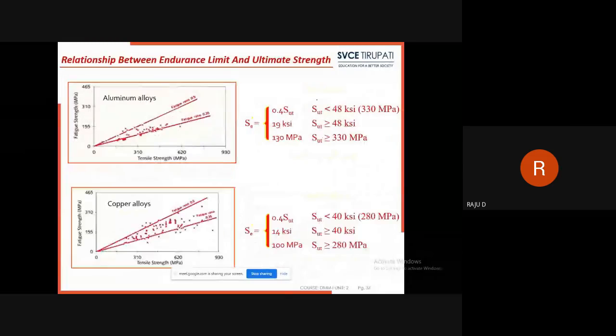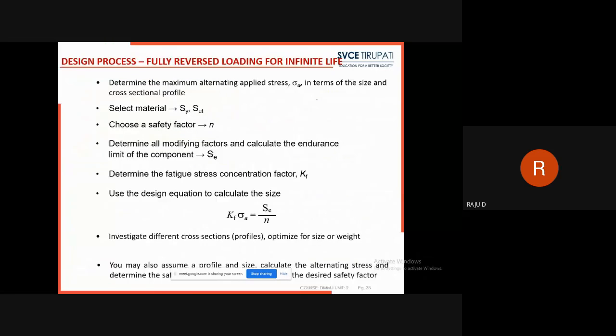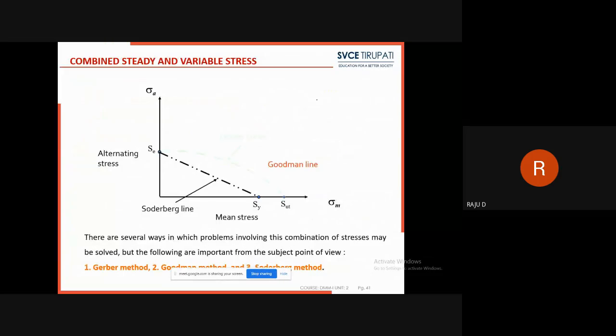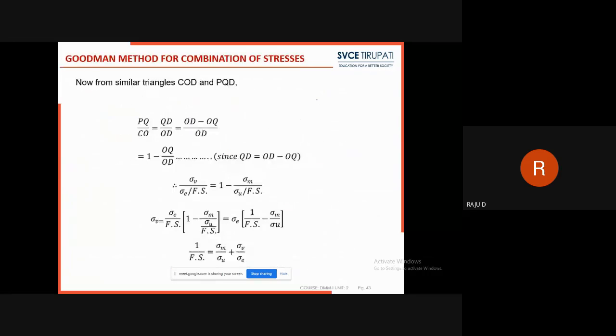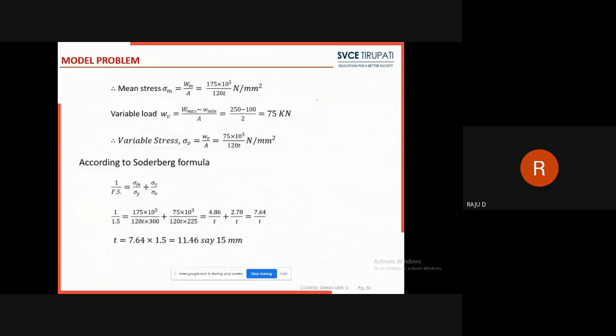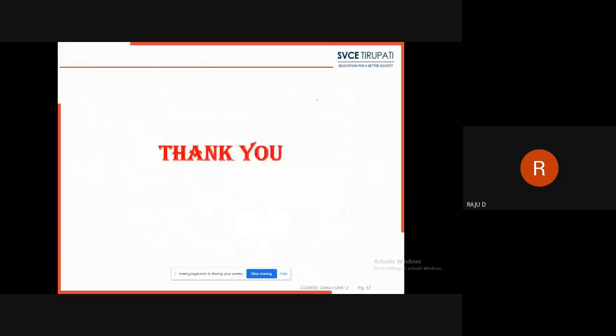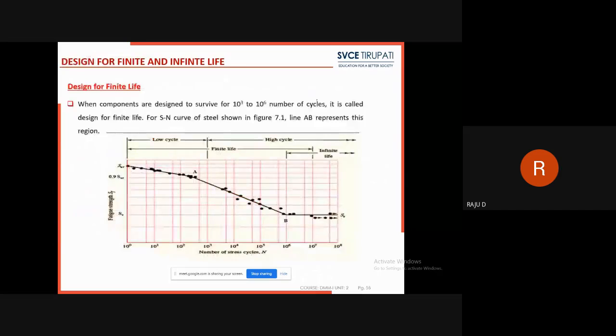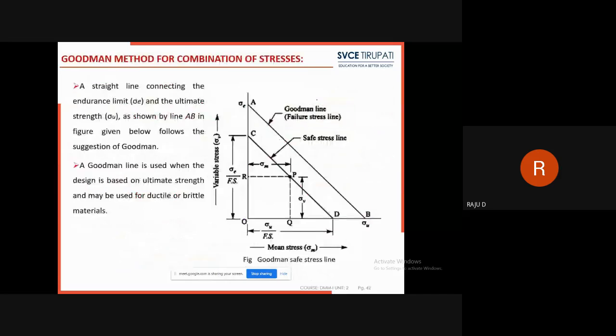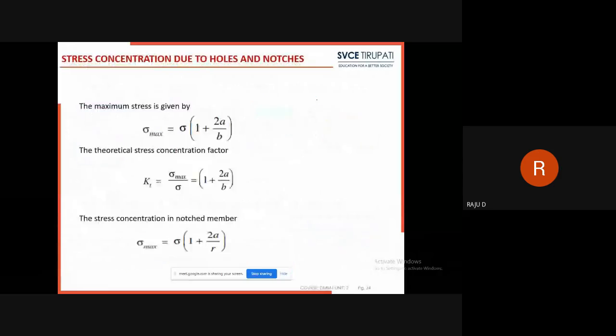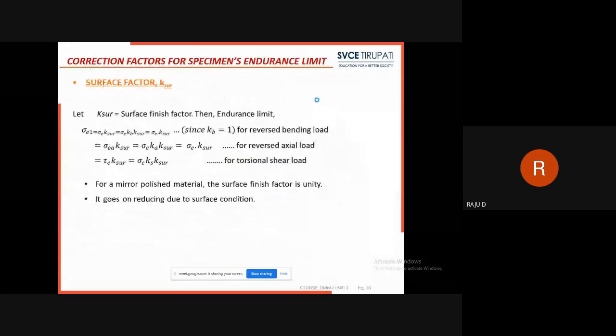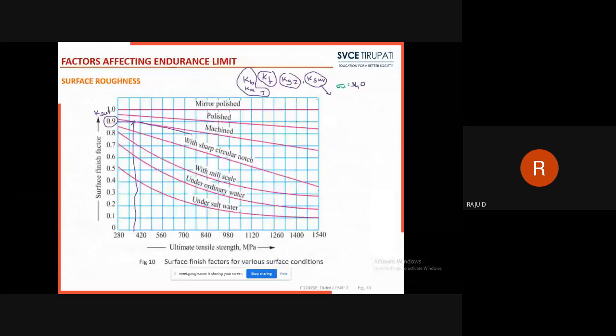Okay, so that is the K surface factor. K size factor: the value comes only from the diameter.